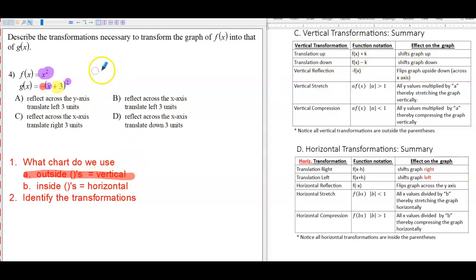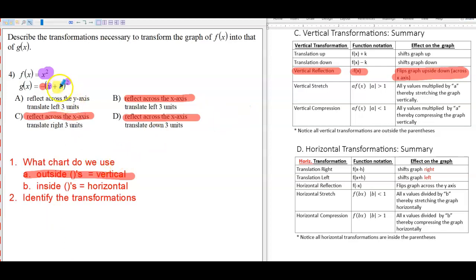We're going to ask ourselves, where is there a negative on the outside of the function? And that's this guy right here. So we have a vertical reflection, which means we're flipping the graph across the x-axis. I see that here, here, and here. So that didn't narrow it down very much. I have a few other things I need to look at.